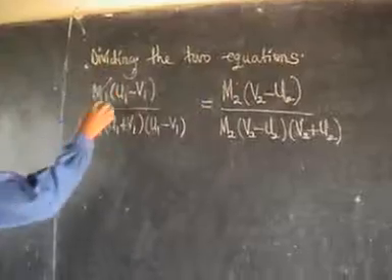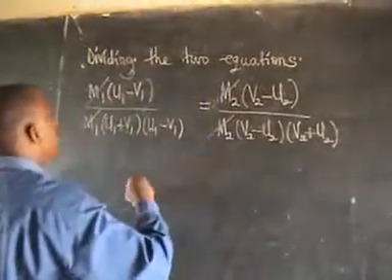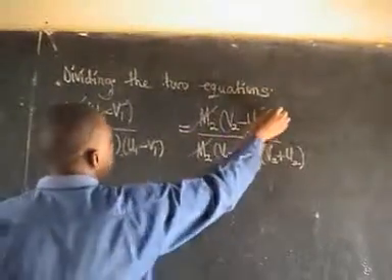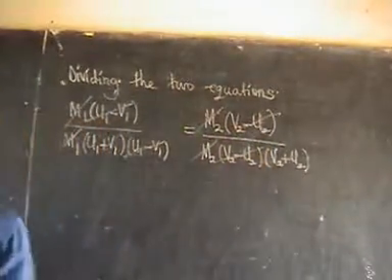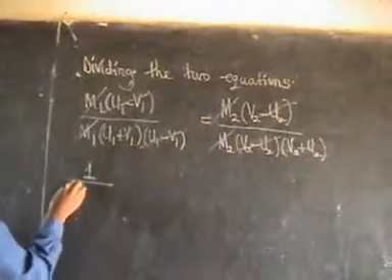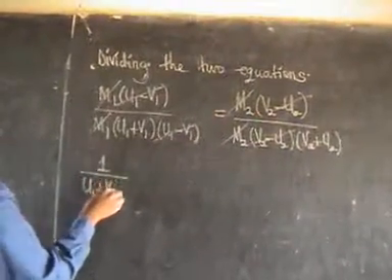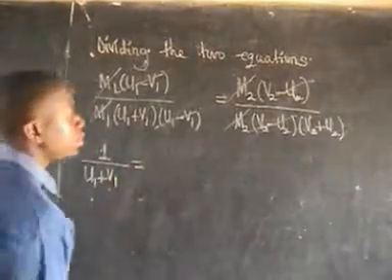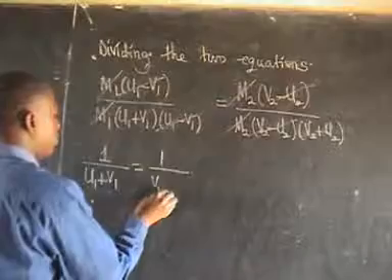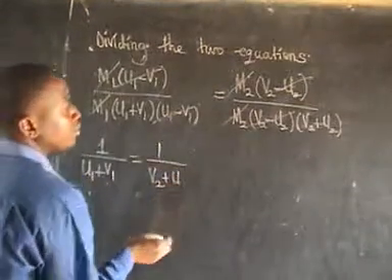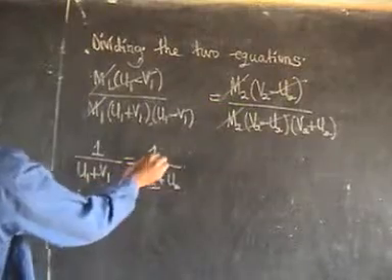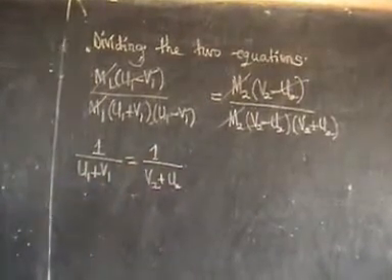So the M1 will go, the M2 will go, the U1 minus V1 will go, and the V2 minus U2. You remain with 1 over U1 plus V1 is equal to 1 over V2 plus U2. So now I'm going to rearrange this given expression.